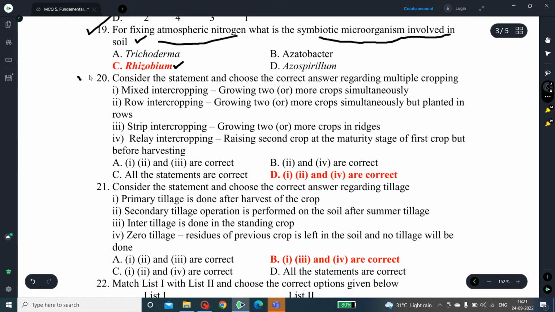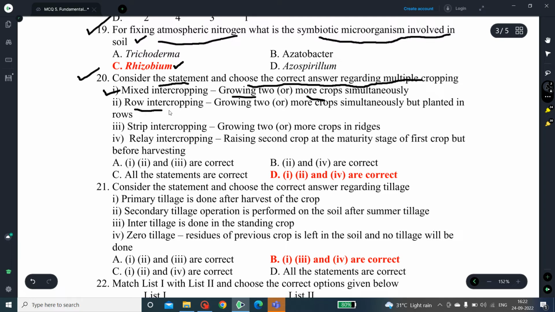Then the 20th question, the statement question, consider the statement and choose the correct answer regarding multiple cropping. And the first statement, mixed intercropping, growing two or more crops simultaneously.